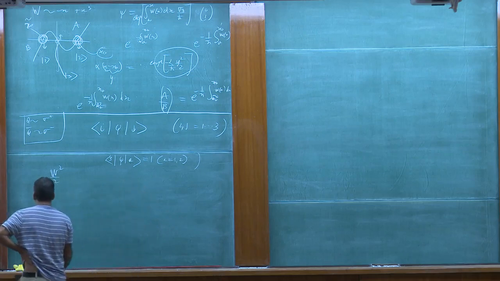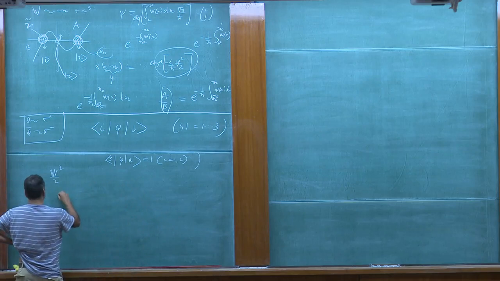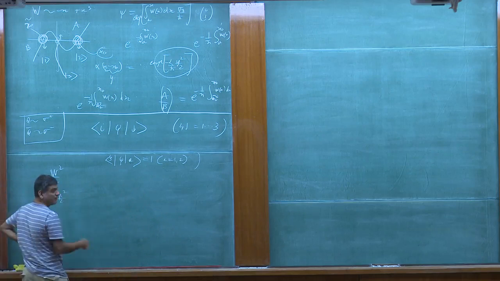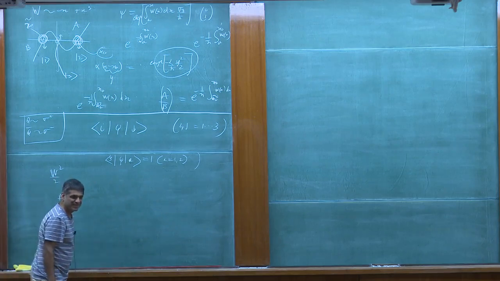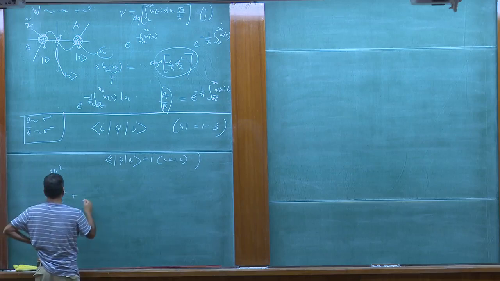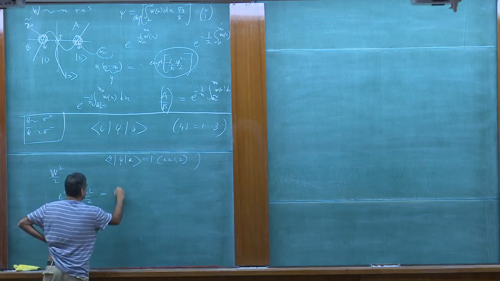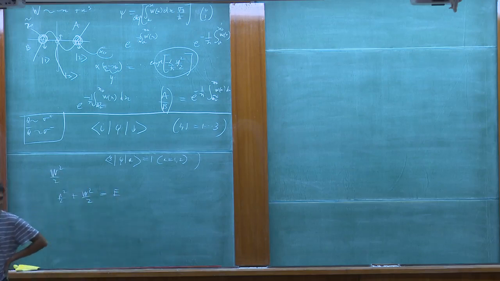So the effective momentum is given by p squared by 2, our mass was 1, so p squared by 2 plus W squared by 2 is equal to the energy, by energy conservation.